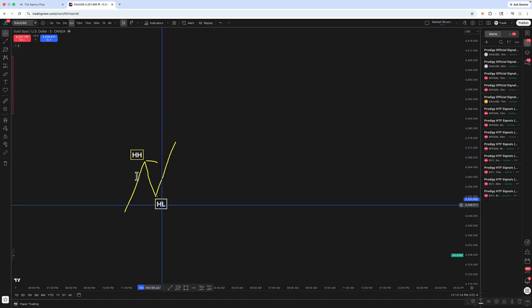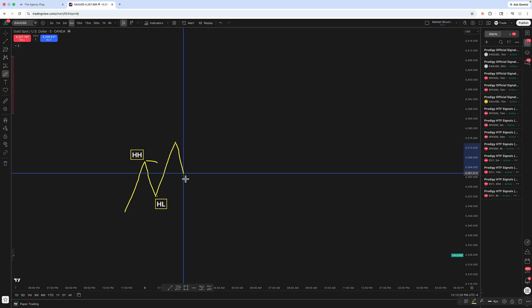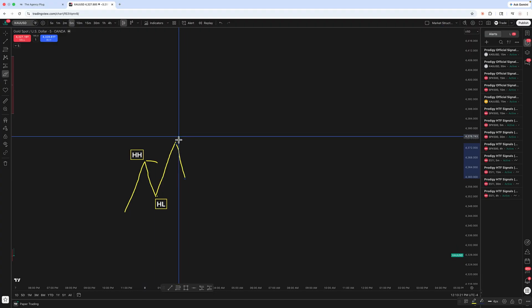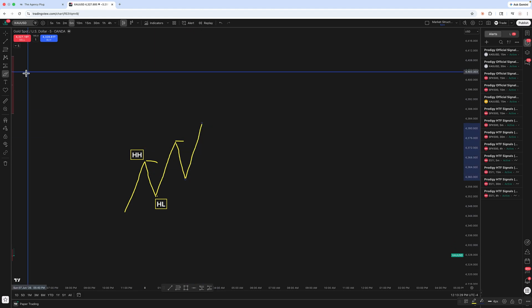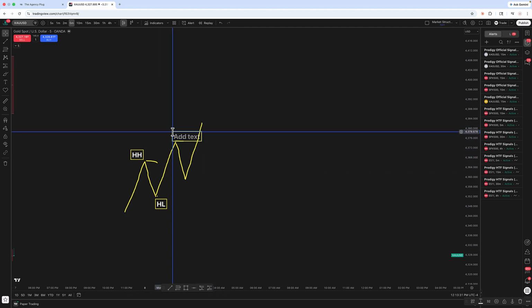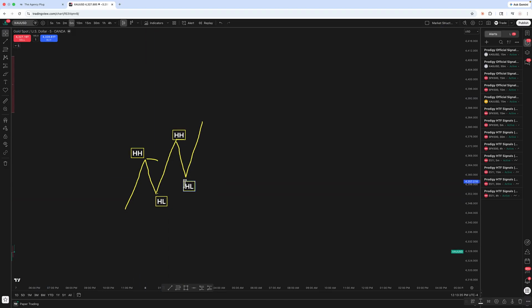Now, if the market comes down just like this, we don't consider this a higher high yet until it breaks that area as well. If it comes up, this is now a higher high, and this is a higher low. Now, there are some things that can happen like this.